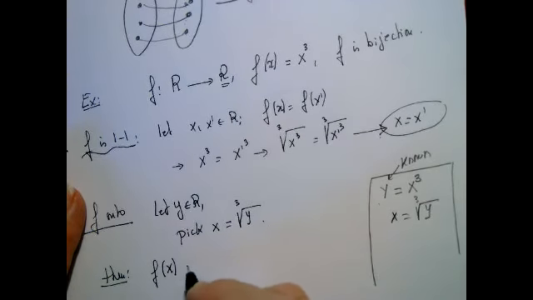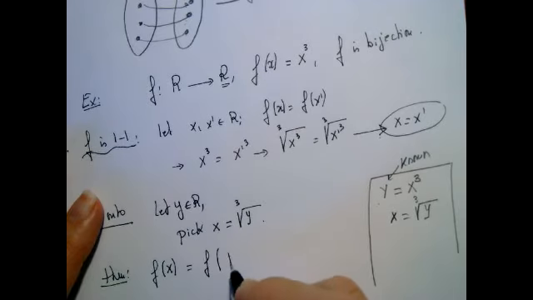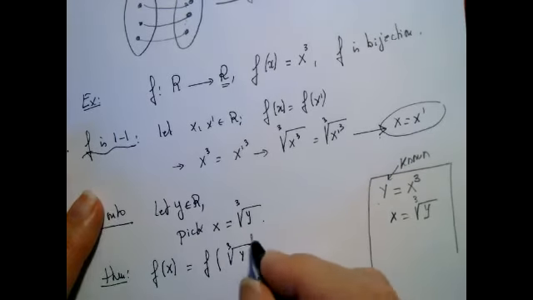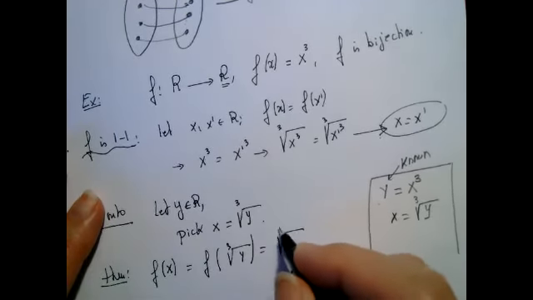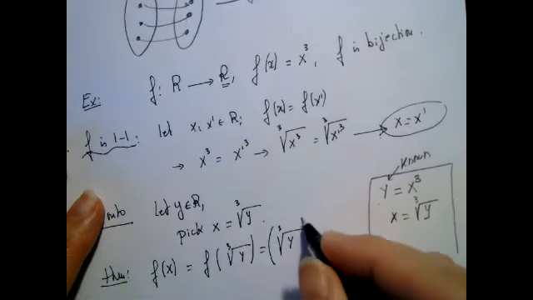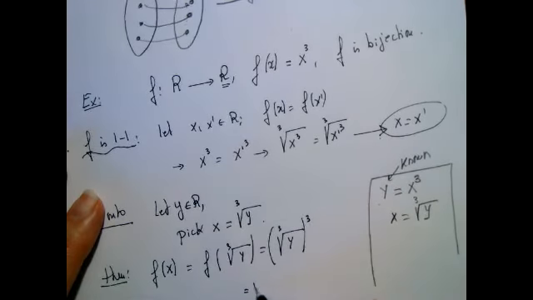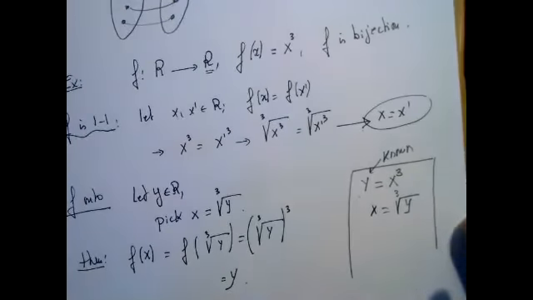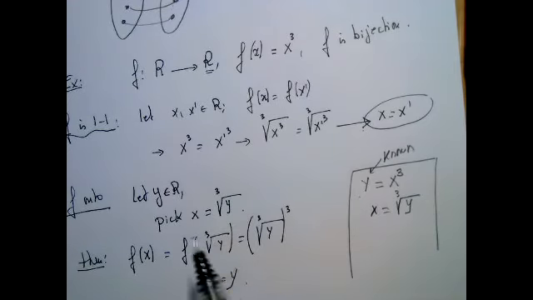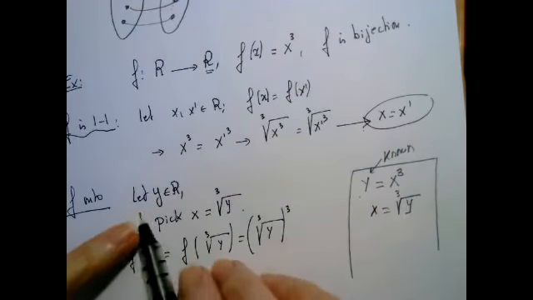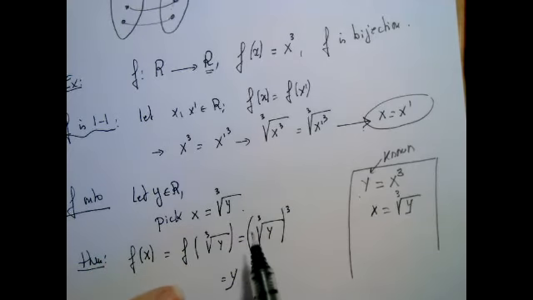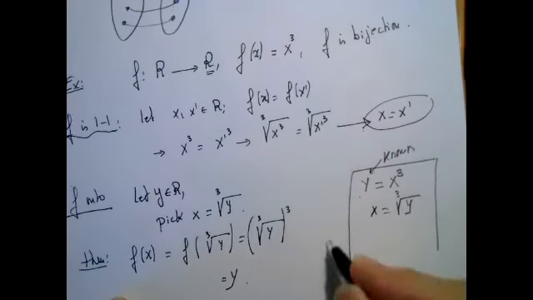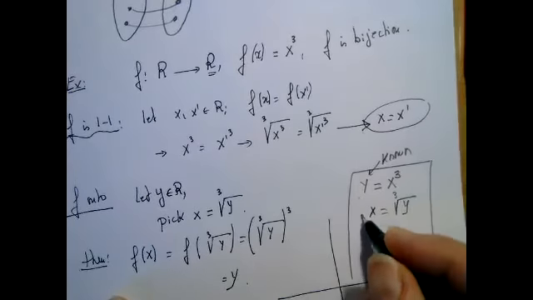Then f of X is f of the cubic root of Y, which is the cubic root of Y to the power 3. This is equal to Y. Okay, so the actual proof, the one that you show me, is after you do the scratch and you find your X, and then you tell me, okay, let X be equal to that. That's really how we work with this. And graphically, the x cubed function, that's the x cubed function.